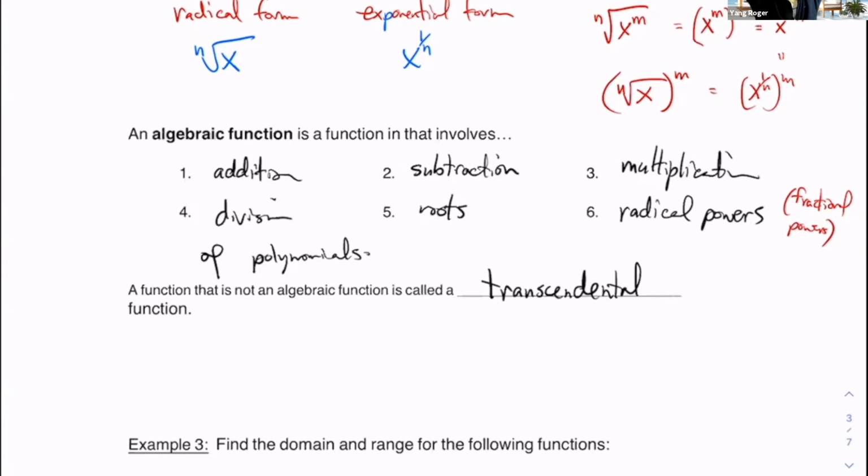Back in the day, everyone thought that polynomials were enough, that you could combine them in different ways and express everything. And then they realized that doesn't describe every function. There are other functions that we can't describe using polynomials.